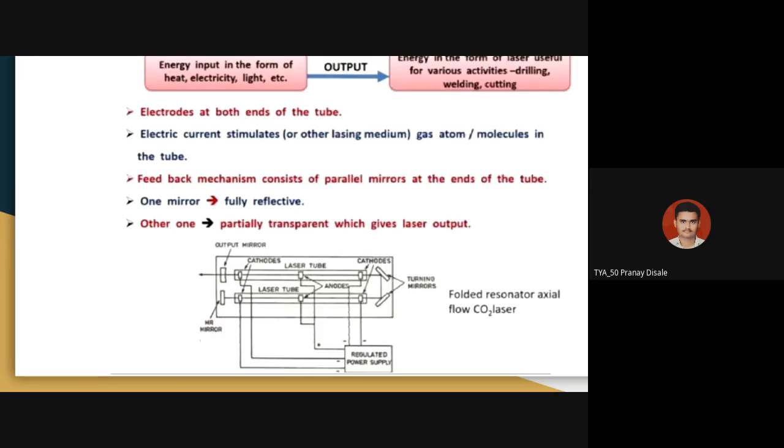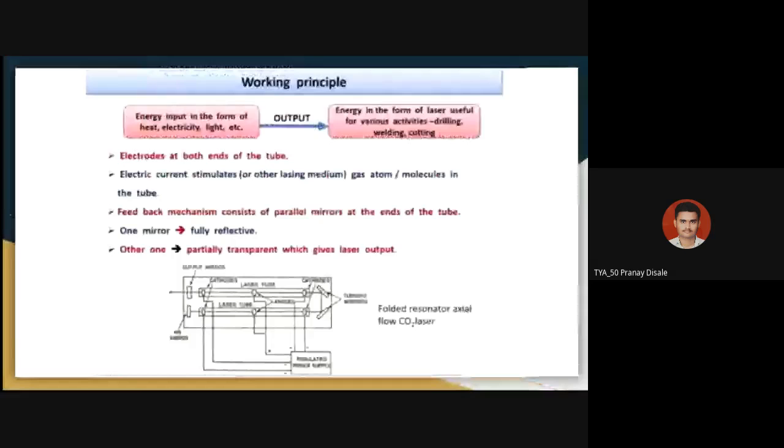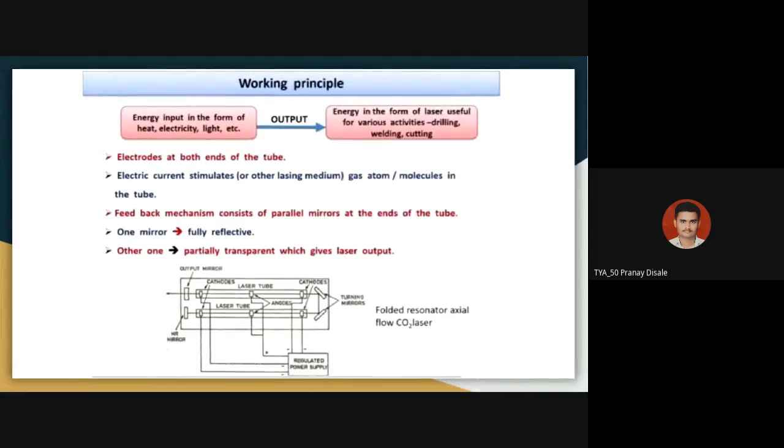A certain length of gas is also required. When we need huge power, we should have a longer length for this pipe.